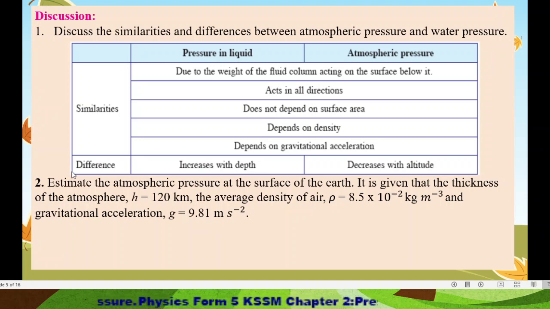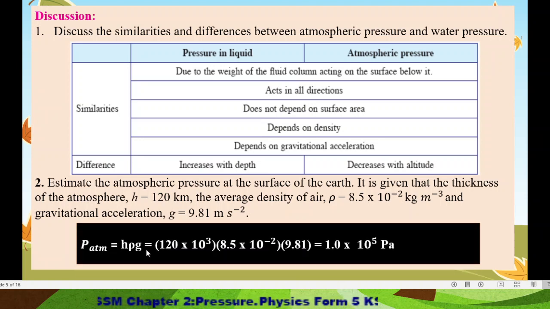So we are using the same formula because atmospheric pressure is also caused by the weight of air acting on the surface below it. Okay, so we use the same formula, h rho g. So atmospheric pressure, I write as P_atm equals h rho g. What is h? h here is the thickness of the atmosphere that refers to air molecules.